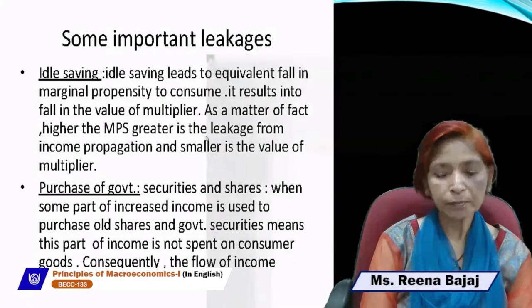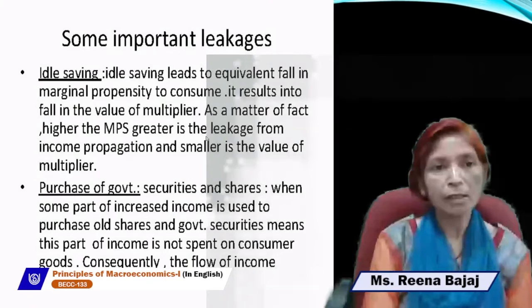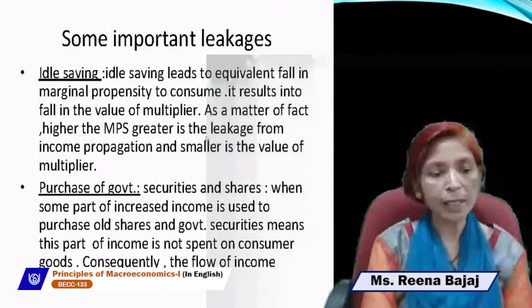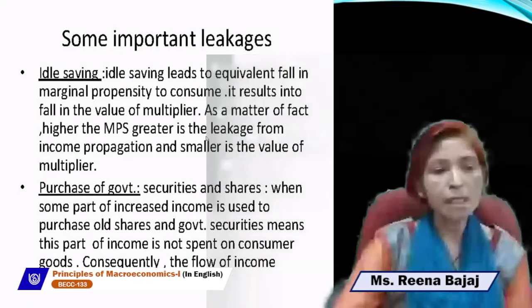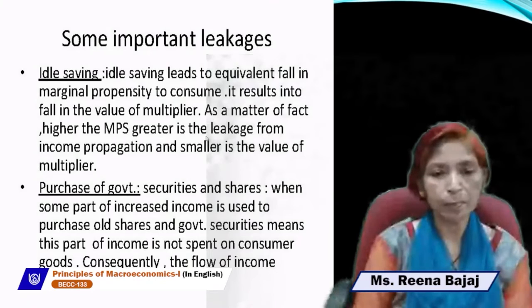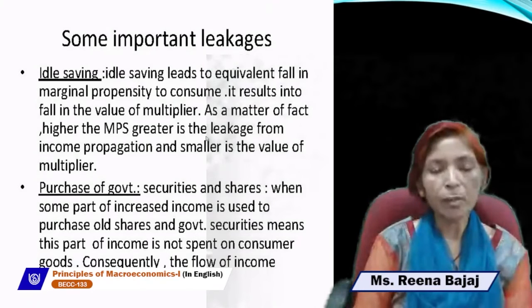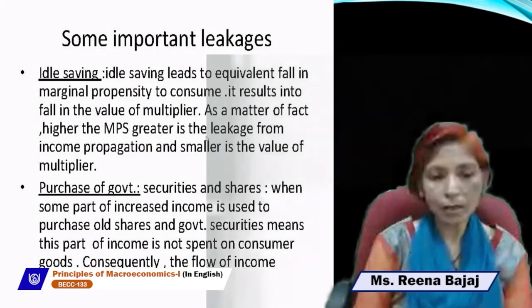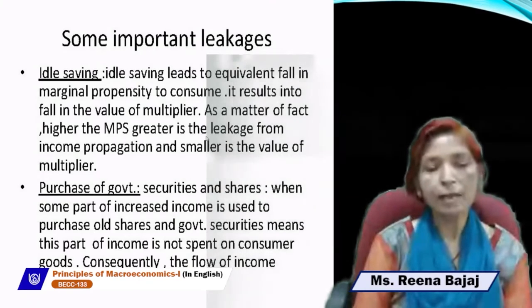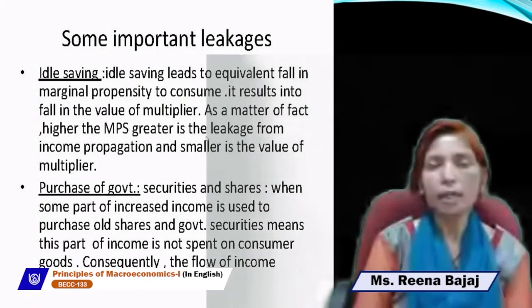Second point, which is also an important leakage of multiplier, is purchases of government securities and shares. If we purchase shares or securities, that is financial investment.